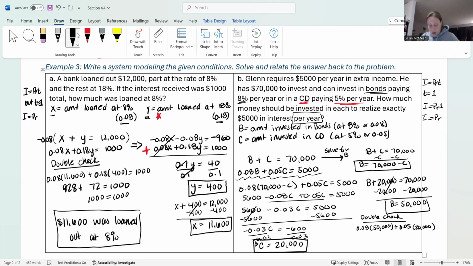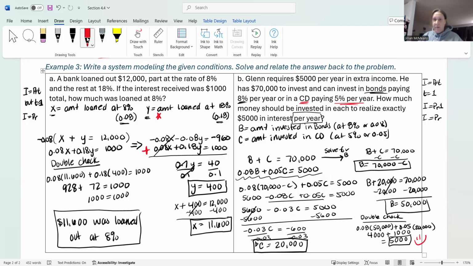So let's see what we get. 0.08 times 50,000, well, he's going to earn $4,000 in interest in the bonds if he puts in 50,000. 0.05 times 20,000 is $1,000. So he would earn $1,000 in the amount invested in the CD. And when we add those, it does equal his desired $5,000 in interest. So we're good to go.